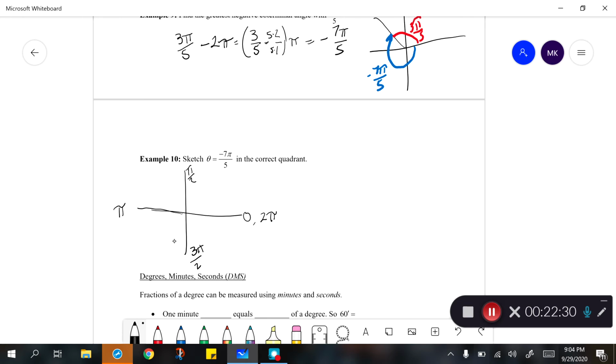It's not super clear if it's more than 3 pi over 2 or not, but we can use our calculator to check if 7/5 is greater than or less than 3/2. We find that if it was positive, it would come in the third quadrant: 1, 2, 3, 4. But since it's negative, it's actually going to come around here.